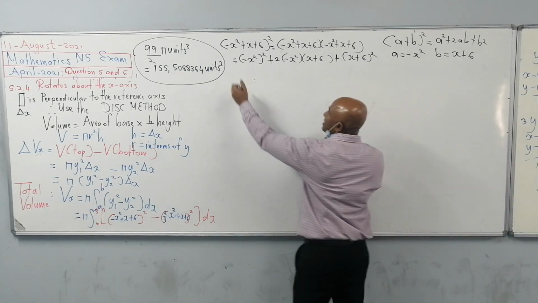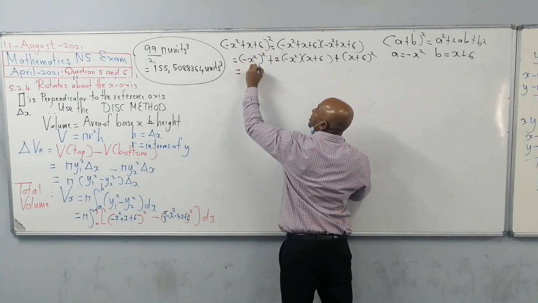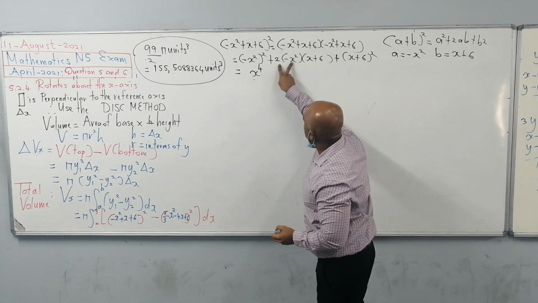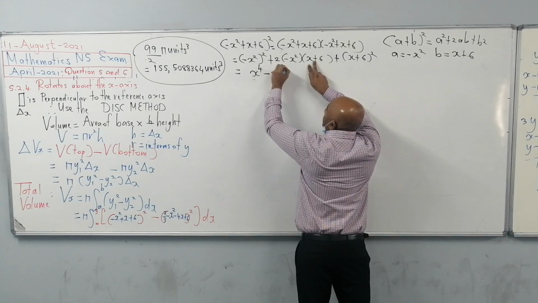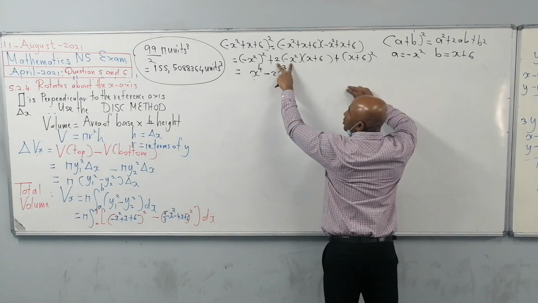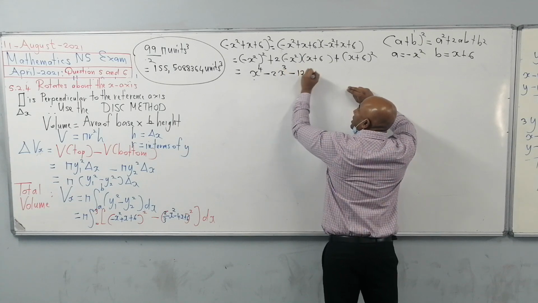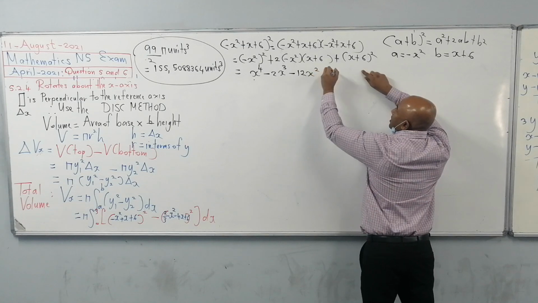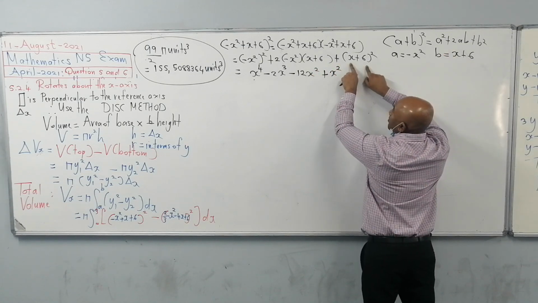Alright, so let me square this. So minus x squared all squared will be a positive x to the power 4. So I got minus 2x squared times x there, which will be minus 2x to the power 3. Minus 2x squared times 6 is minus 12x squared. So that part is done here. I got x squared. I'm using the formula again now. So this is a plus b all squared.